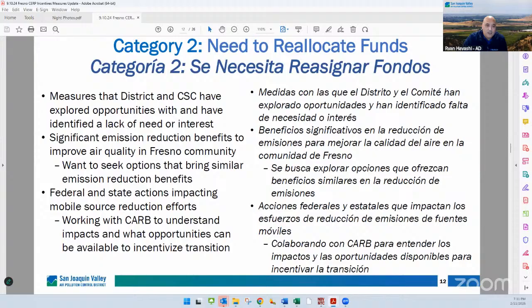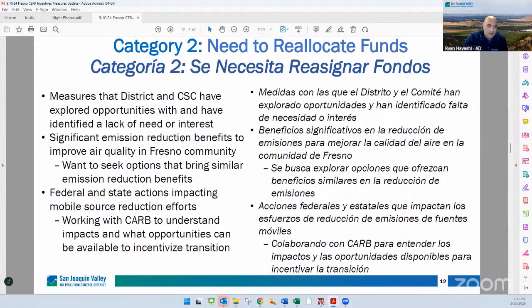And because some of the things that the state had proposed have now since been nullified by actions that have been taken at the federal level, that's just another unfortunate situation where those needed emission reduction benefits aren't going to happen within the timeframes that we were looking at.